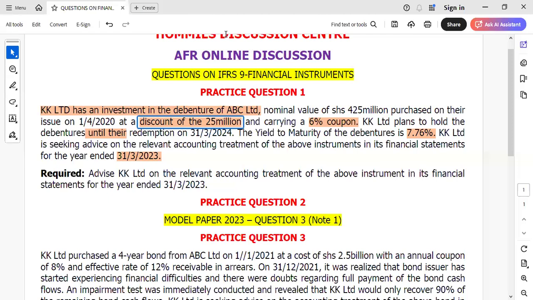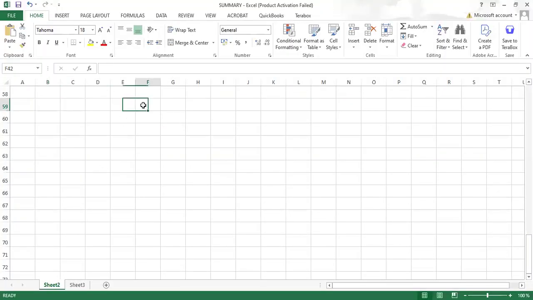Okay, so we are going to write, this is practice question 1. We are advising, so it can be a report format, but here we don't need it to waste time. Even if they say you advise without mentioning a report, you should use the report format.